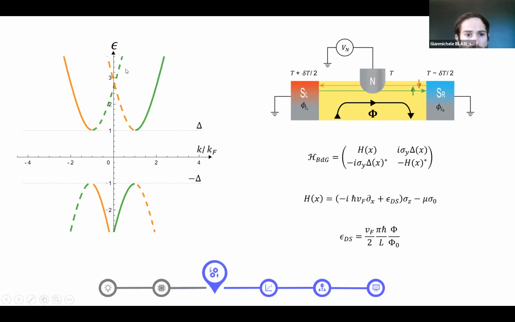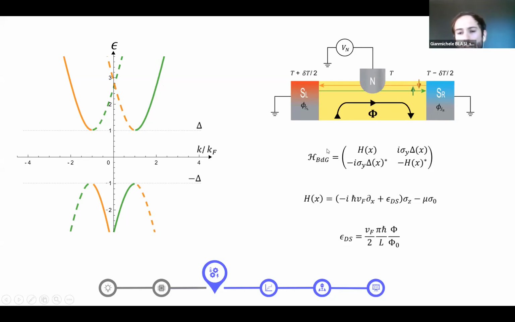And in green, I depicted the right-moving quasi-particles, and in orange, the left-moving quasi-particles. You can understand the direction of the movers by looking simply at the slopes of these curves. Furthermore, dashed lines represent quasi-holes, while solid lines represent quasi-electrons.